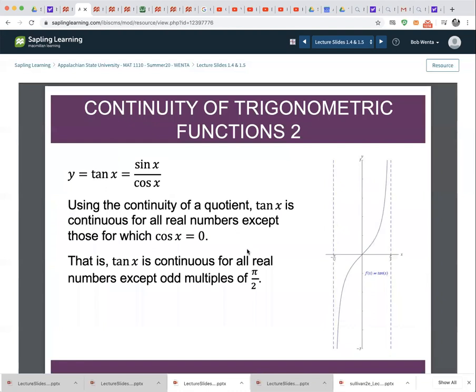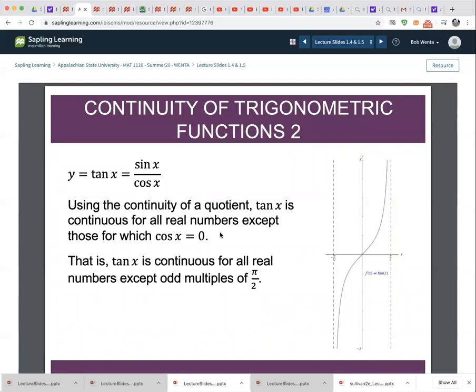Tangent, on the other hand, is defined by sine over cosine, so it's got a denominator, and the denominator can be equal to 0. So it is not going to be defined wherever the denominator is equal to 0, wherever the cosine is equal to 0. It's undefined at those points.